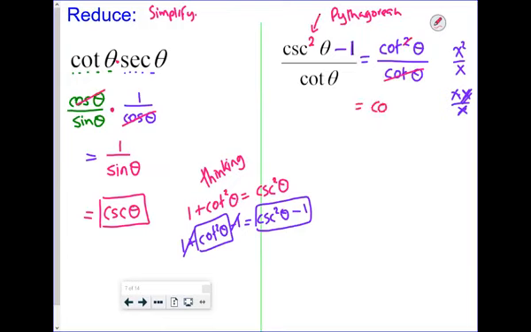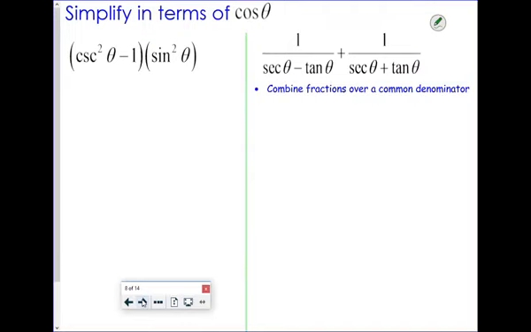Okay, so let's have a look at this one then. Try it on your own if you like, pause the video and come back. I'm seeing squared, I'm thinking Pythagorean identities. I know that 1 plus cotangent squared theta equals cosecant squared theta.